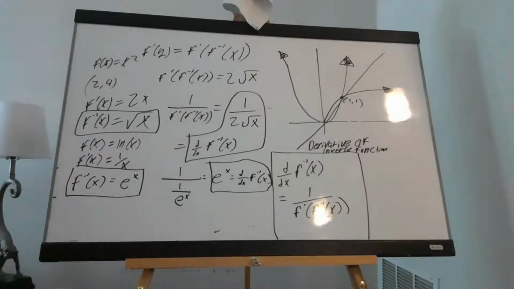So with that in mind, we know that the function is x squared, the inverse is root x, the derivative of the inverse is 1 over 2 root x, and the derivative of the function is 2x. So the logarithmic differentiation technique can't be used here because we don't have e to the x.